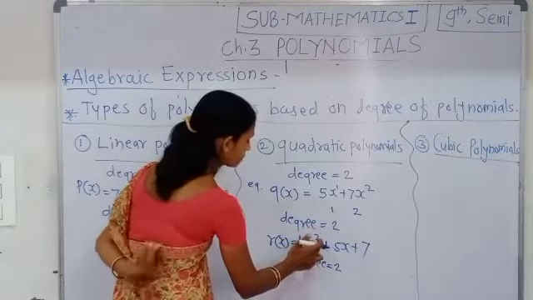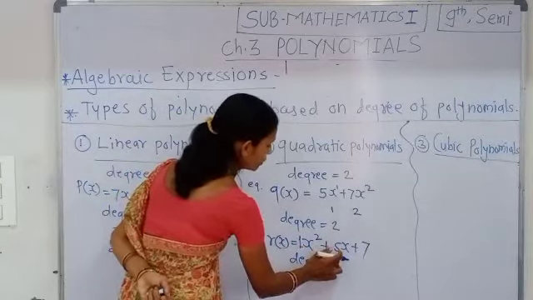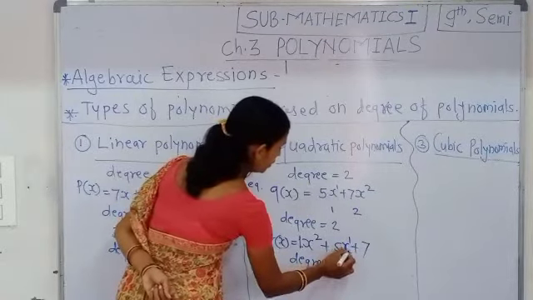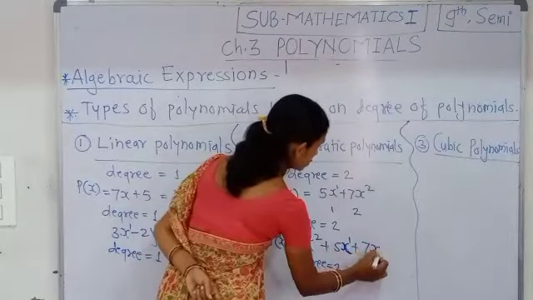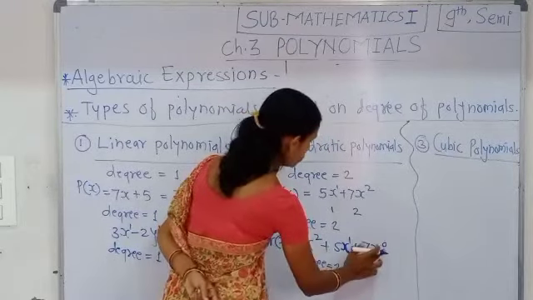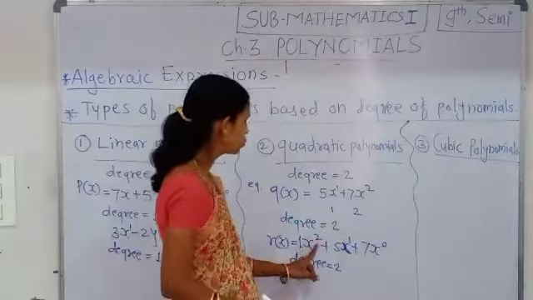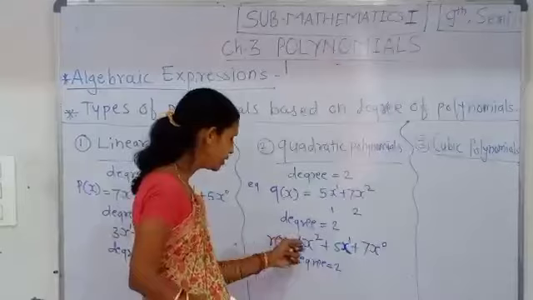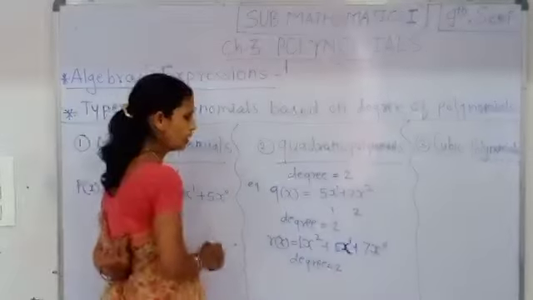The degree of the variable in the first term is 2, the degree of the variable in the second term is 1, and the degree of the last term is 0, because 7 is written in the form of 7x raised to 0. Therefore the degrees of the three terms in this polynomial are 2, 1 and 0. Therefore the highest degree of the variable x in this polynomial is 2. Therefore it is a quadratic polynomial.